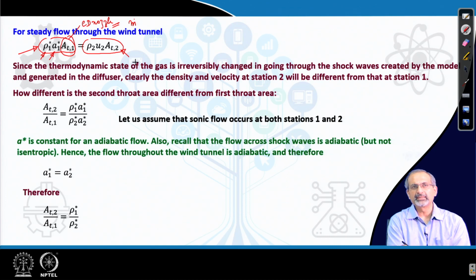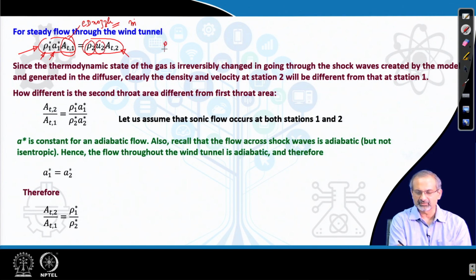But in all probability, in the real world we will not have sonic conditions there. So you will have the density and the velocities perturbed from the star conditions. So we cannot really claim that these are star values in reality, but later on we will probably bring in certain arguments where we try to go back to sonic conditions at both the throats and take the arguments forward.